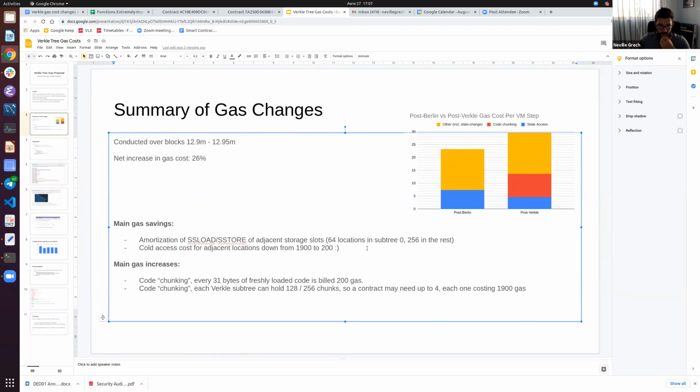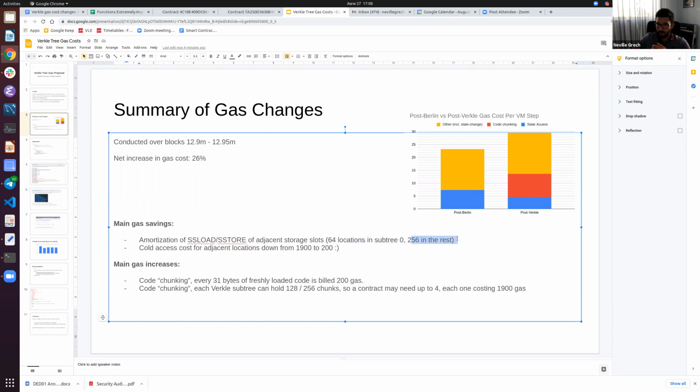Okay. It is also interesting to see that the way that the study has been proposed, when you load certain information about the contract like balance, the first 64 locations of storage are also in the same subtree. And so you only need to pay fewer gas costs for getting some of the first few locations.